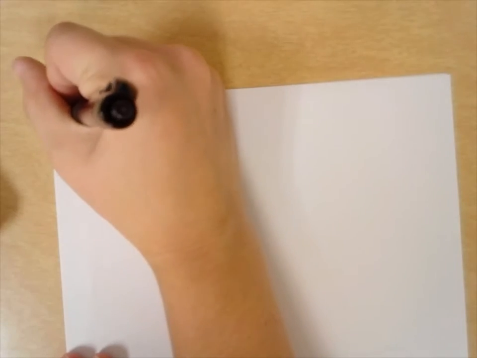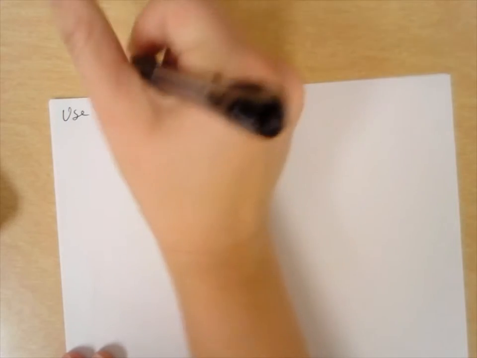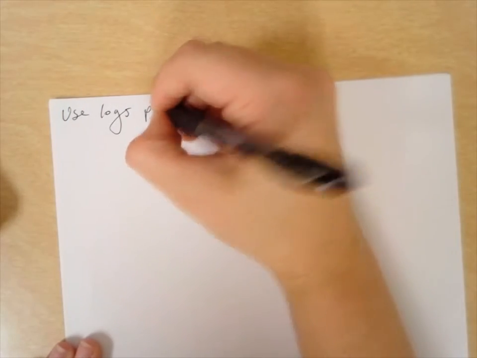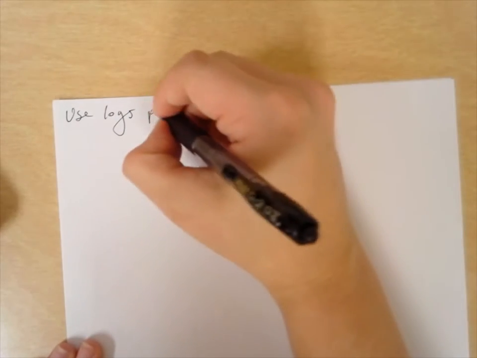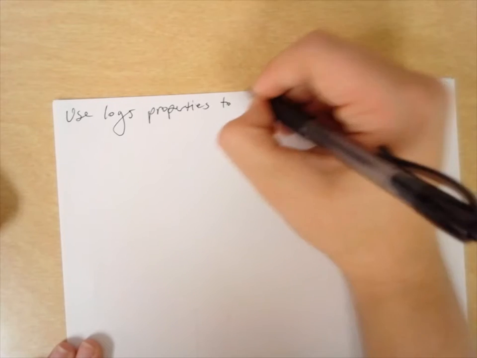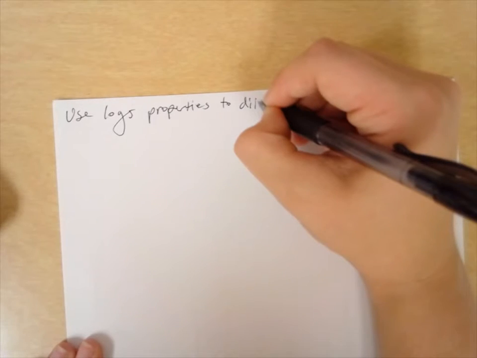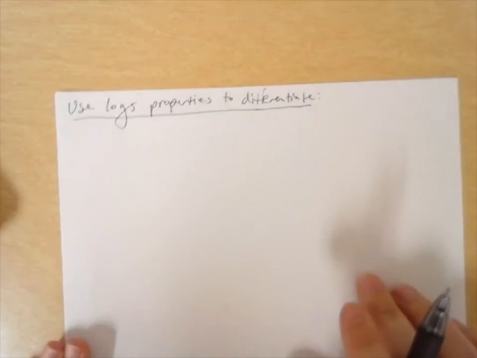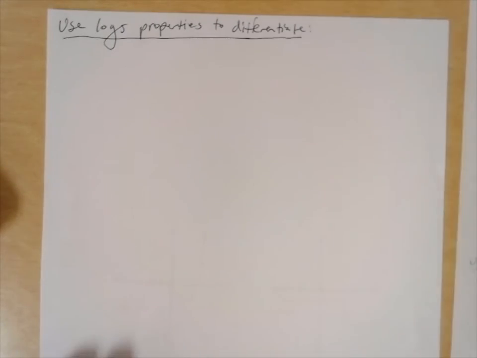Okay, moving on. The last topic we'll talk about is using logarithmic properties to differentiate. And here's an example of what we could do there.